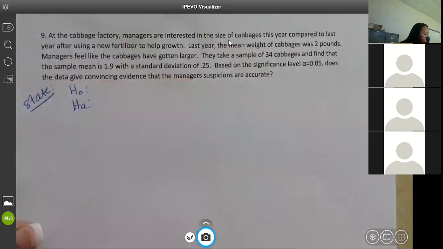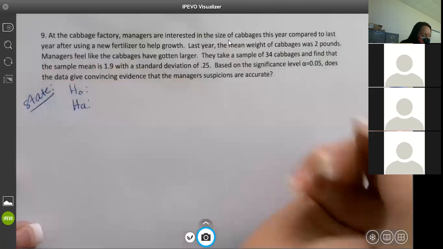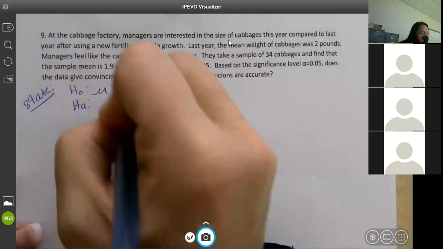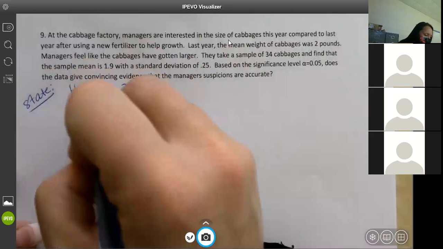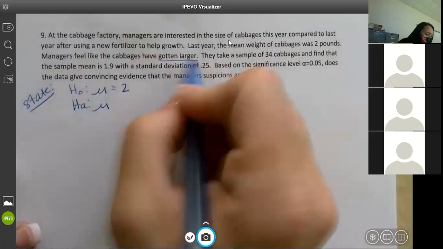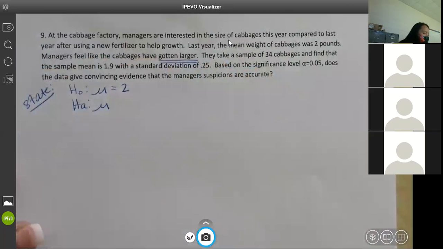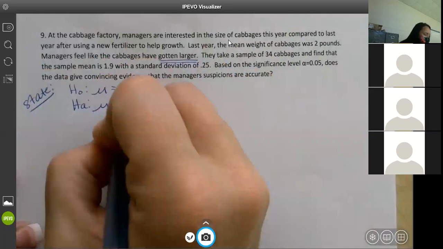What is our H sub O? Mu is equal to 2 because they were 2. What about H sub A? Yeah, because they say they've gotten larger. Not that there's a difference, but they've gotten larger. So that made it a one-sided.